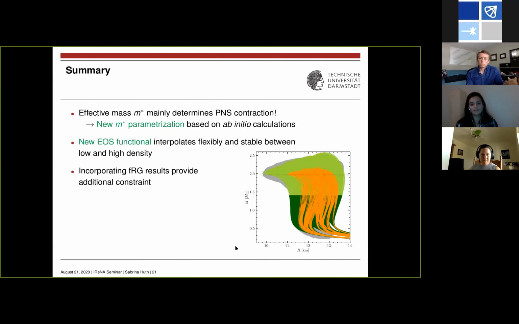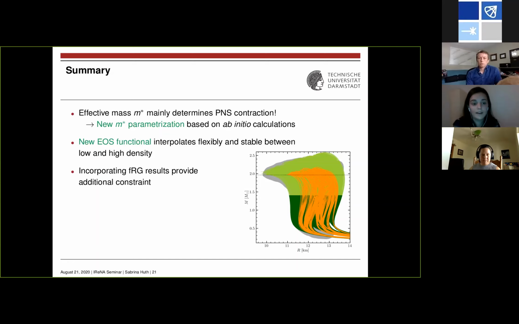Okay, with this, let me quickly summarize. In the first part of my talk, I've shown you that the effective mass is the key quantity that governs the proto-neutron star contraction. And from this, we argue that an accurate implementation of the effective mass is very crucial in order to capture the thermal effects.